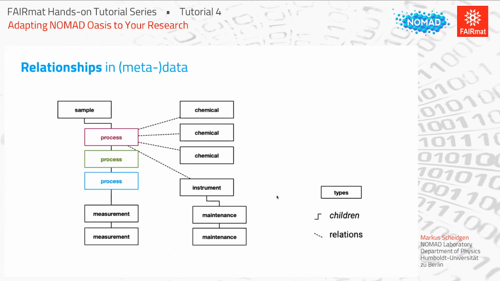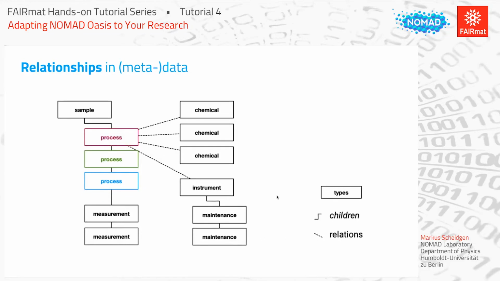Okay, that was my bit of introduction to schemas, what they are. You already saw that in NOMAD we try to organize everything in sections, like having these building blocks for information, and these sections can have relationships, and the key relationships are the children relationship and the normal reference or cross-reference relationship.